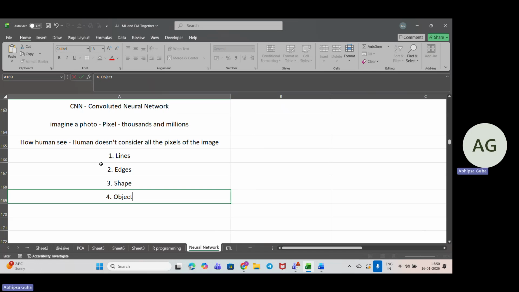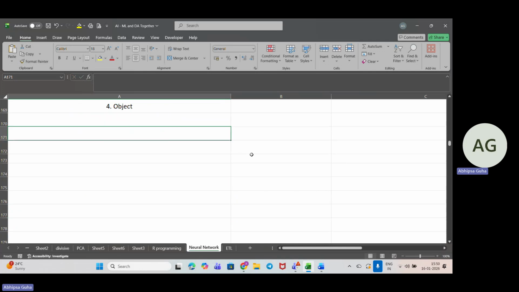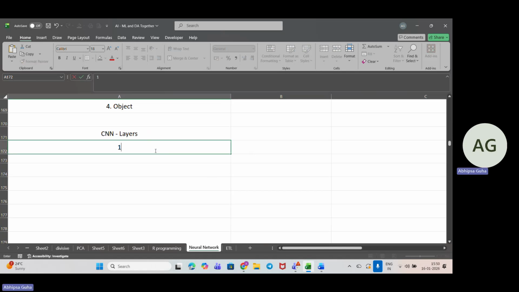So in a bigger picture, CNN has all of these main layers to take it forward, so we'll discuss that. CNN layers: the very first one is the image. Coming down, we have the convolution layer.